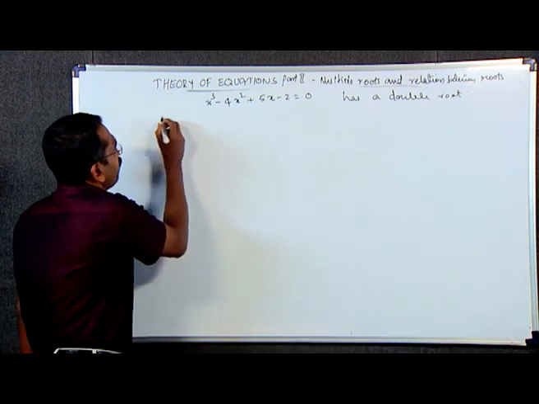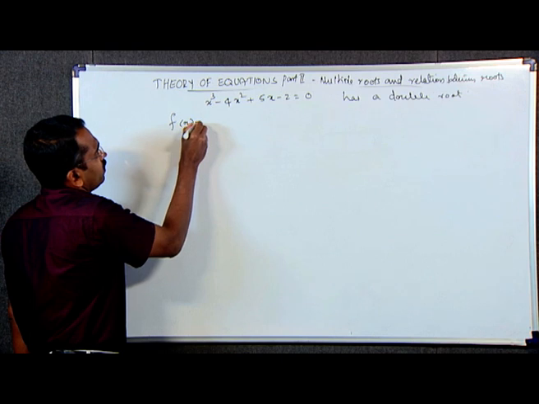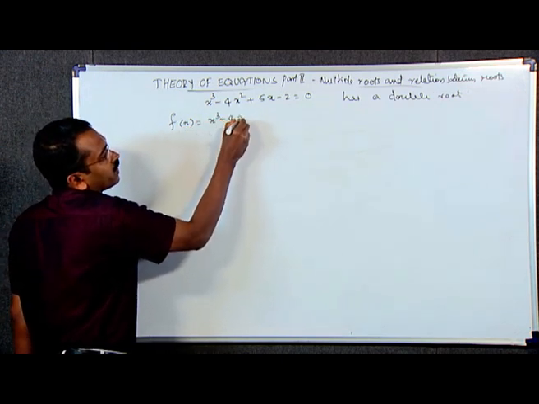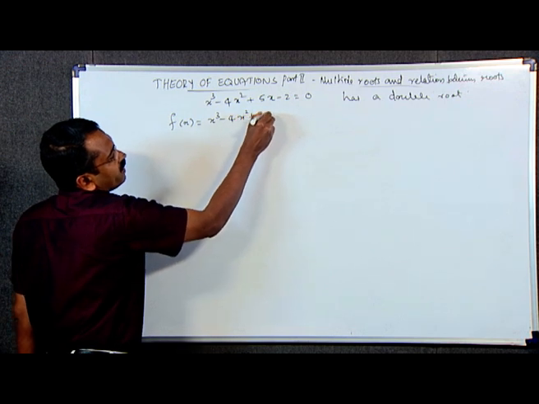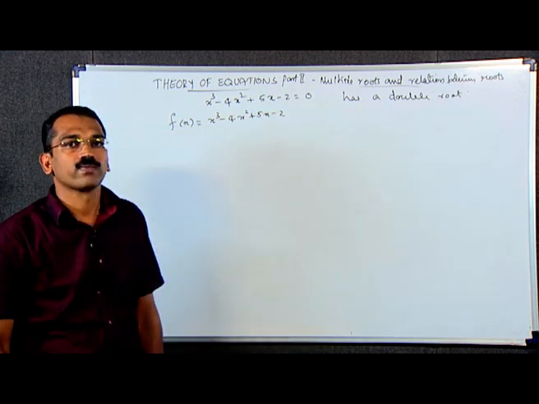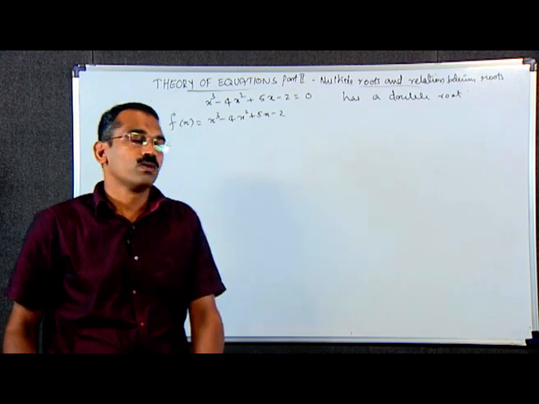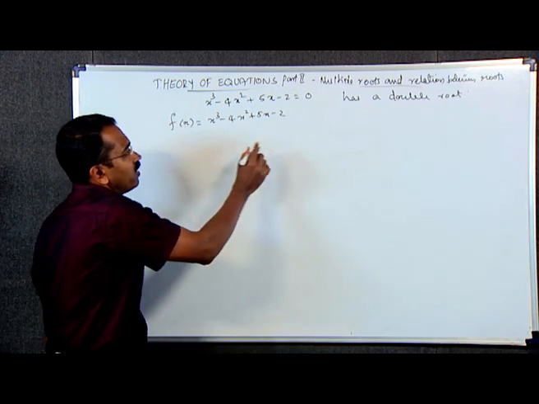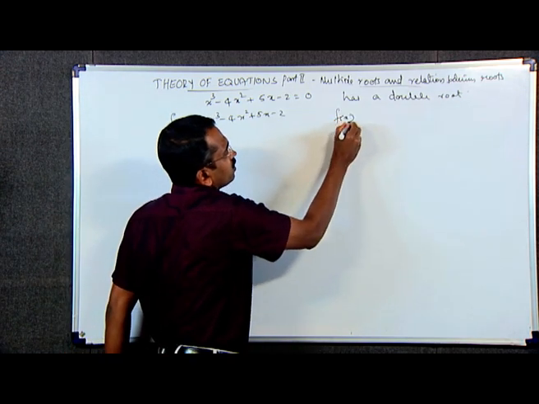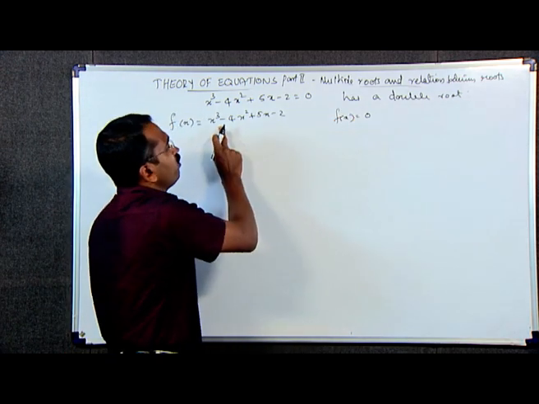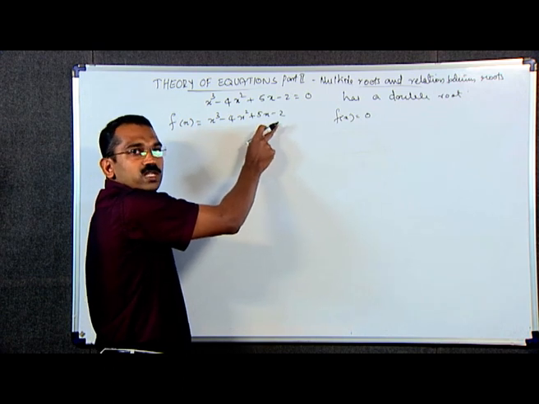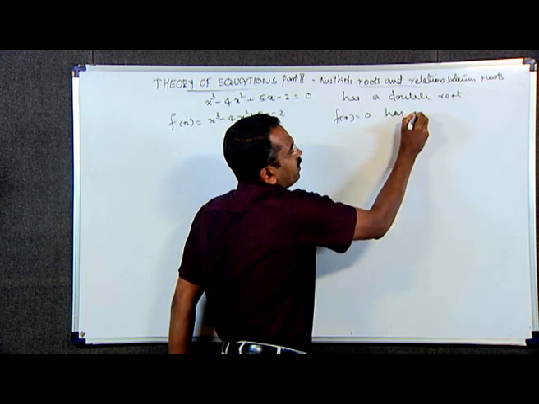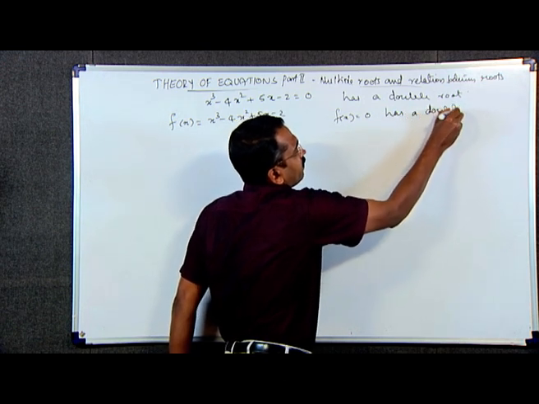We take f of x as the left hand side function x cube minus 4x square plus 5x minus 2. Here, assume that f of x equal to 0, that is x cube minus 4x square plus 5x minus 2 is equal to 0 has a double root alpha.